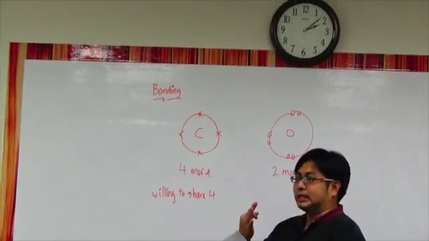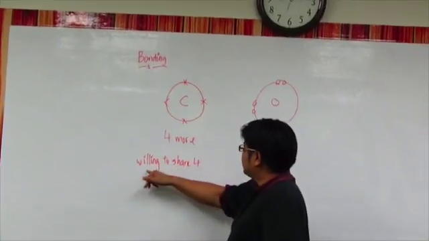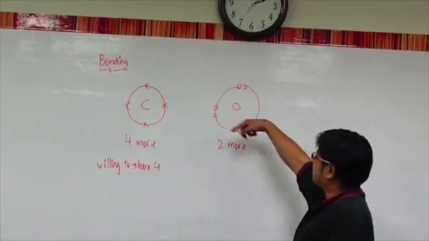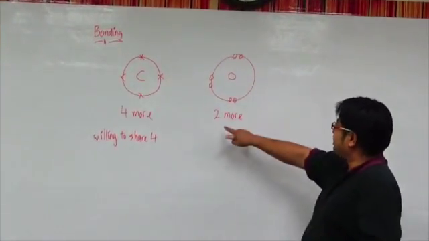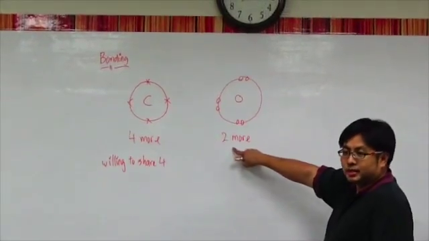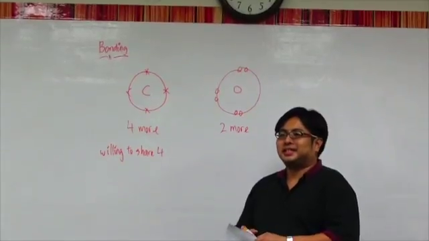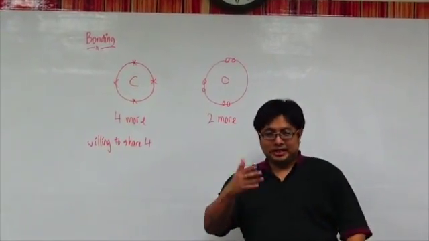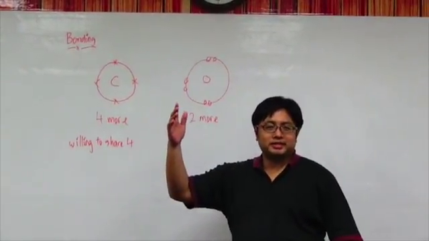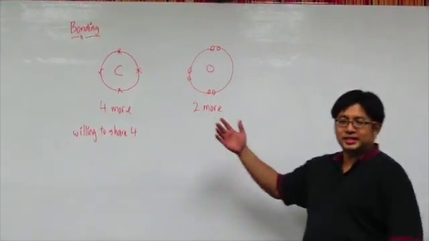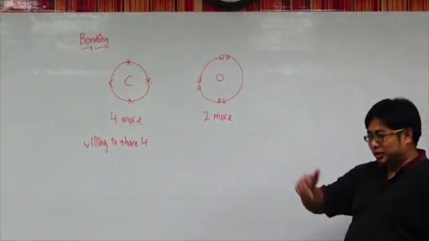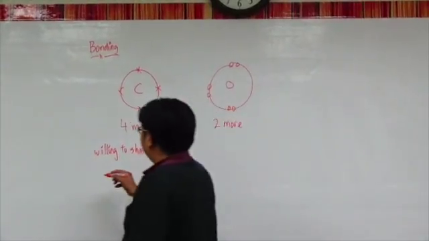You can use your fingers. So 8 minus 4, so it's willing to share 4. How about this oxygen? How many more does it need to be stable? 2 more, right? How many is it willing to share? 2. So please remember this important point.